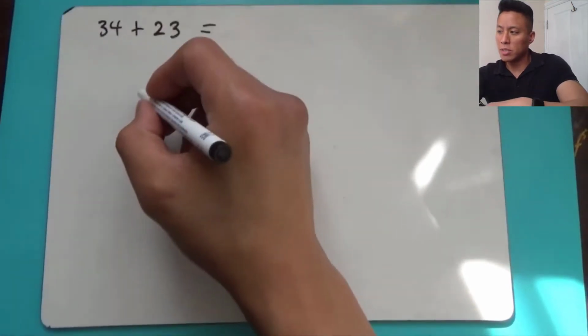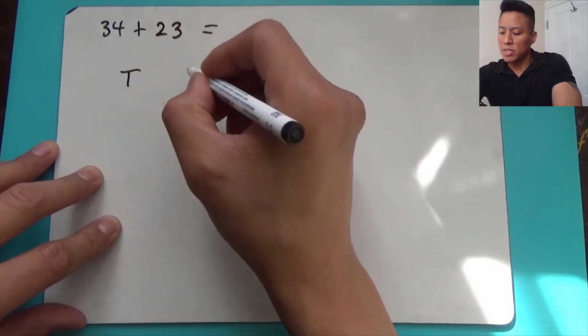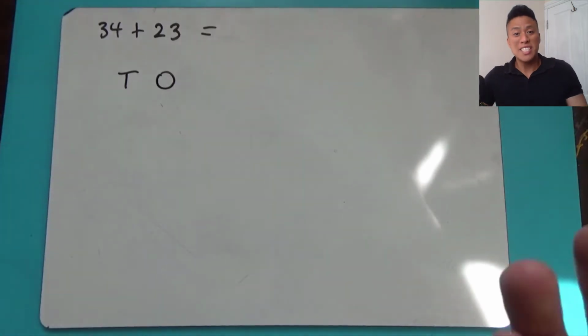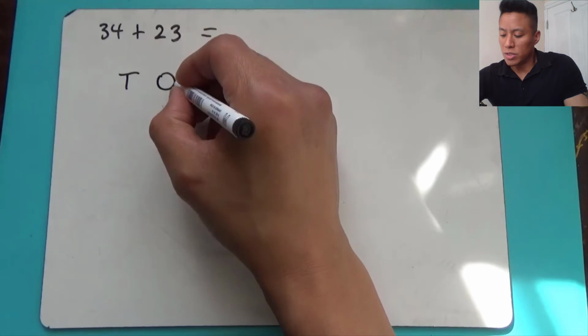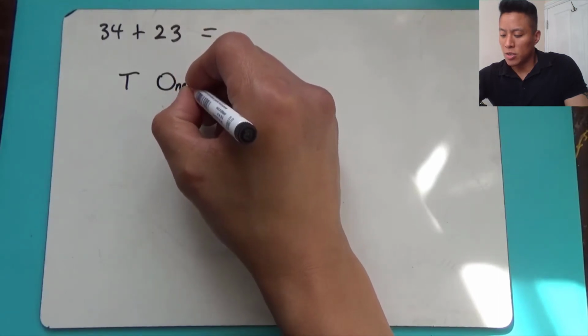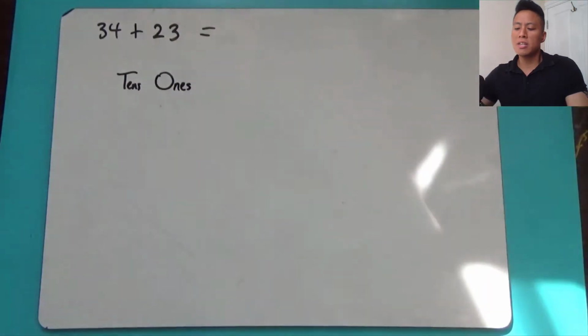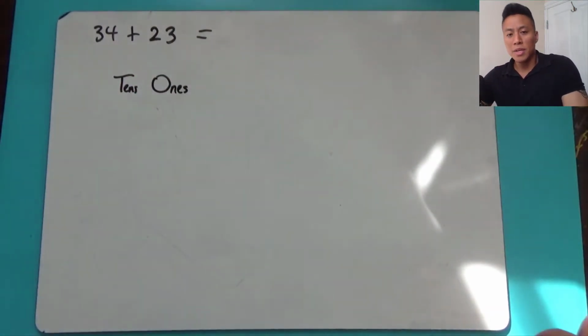When we're doing a column method, we're going to arrange everything. I'm going to put the tens and the ones. T stands for the tens. The O is ones, because when we spell ones, it's O-N-E-S, and when we spell tens, T-E-N-S. So I've got my tens column and my ones column.